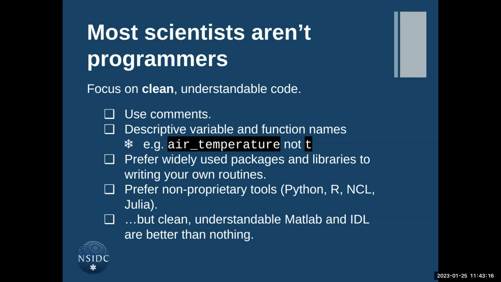And by clean, I mean that it is written in a way that you can read it easily, that you can understand it easily, you know what that person has done. Use comments, right? Explain what you're doing in your code. It's a document as much as it is something that you can run through a compiler and get results out of. Use descriptive variable and function names, right? Use air temperature, not T, and certainly not X and Y, right? We don't know what they are. That helps you read the code, helps you understand what it's doing.